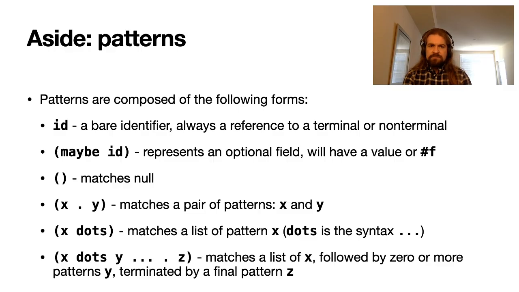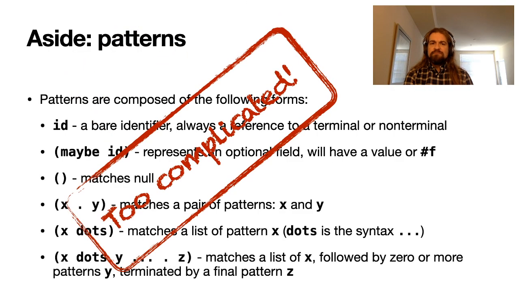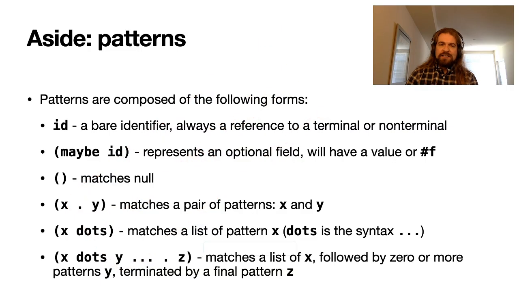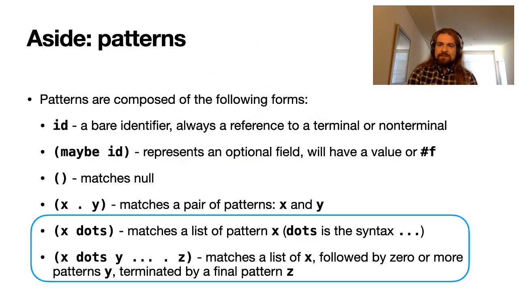And as I was working through all of this, I thought, this seems more complicated than it really needs to be. In particular, these two at the bottom where we deal with dots seem like maybe it's overkill to have two separate pieces here.